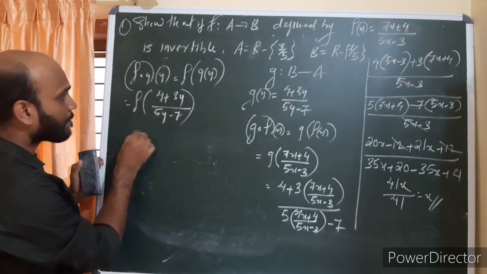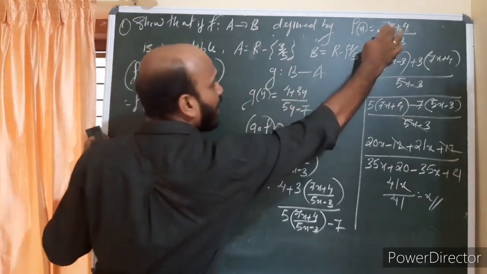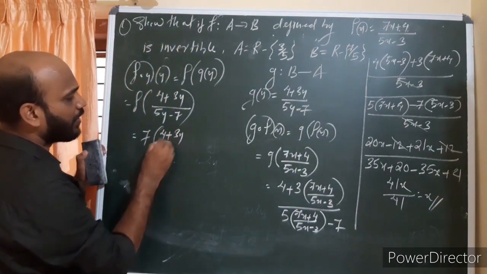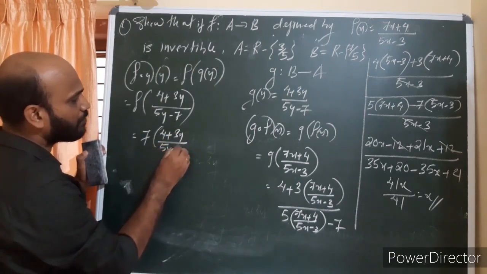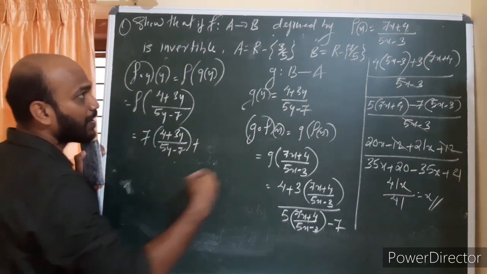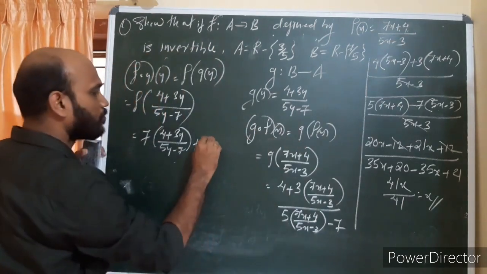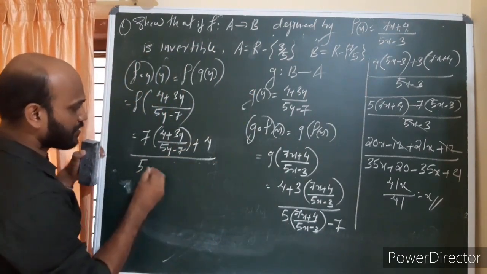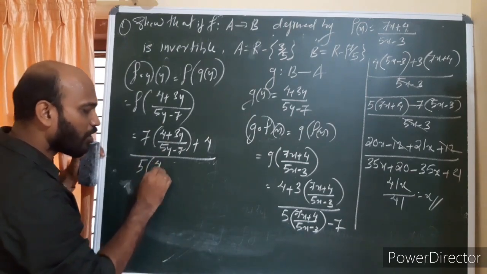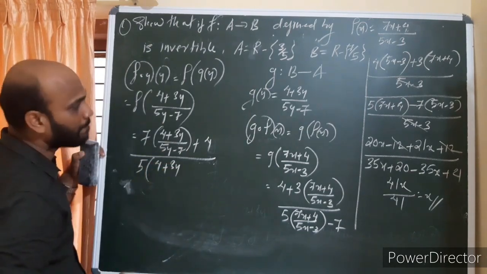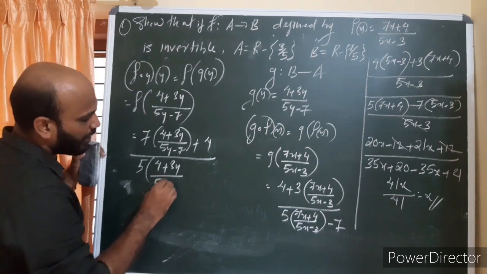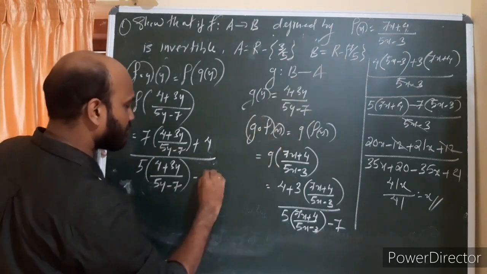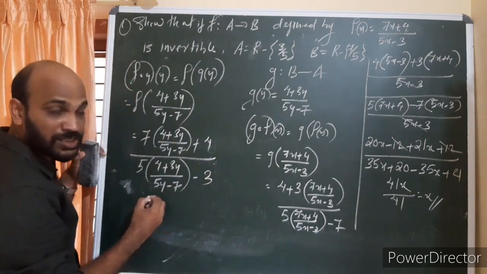So the answer will be 7 into x, x means (4 + 3y)/(5y - 7), plus 4, whole divided by 5 into x, x means (4 + 3y)/(5y - 7), minus 3. This you have to simplify.